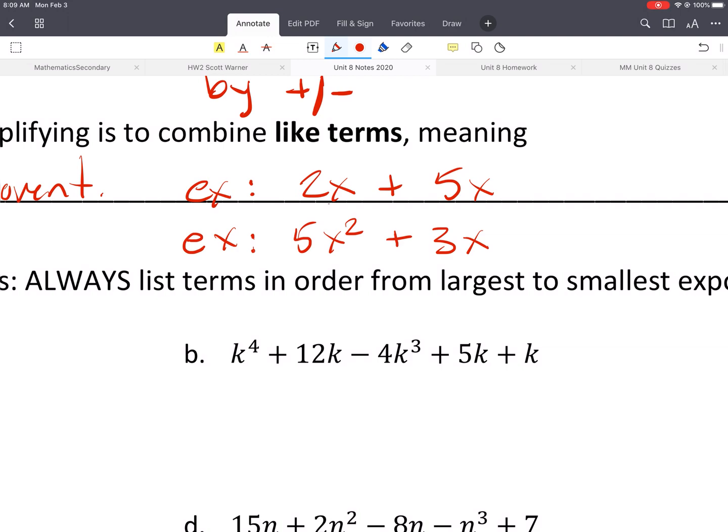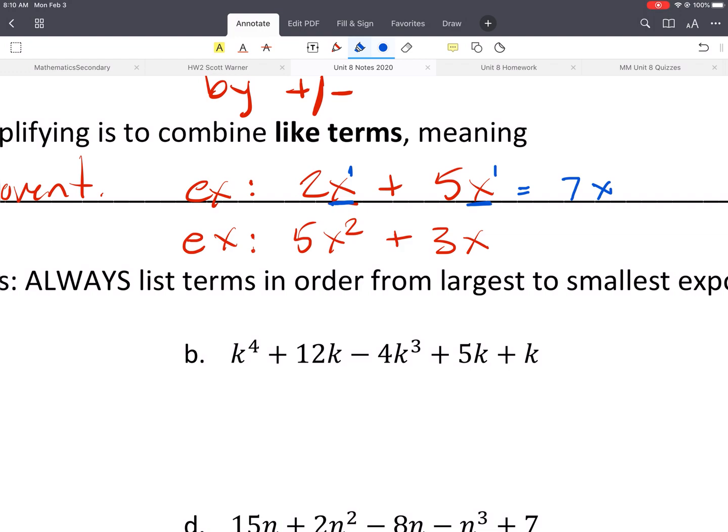Since they have the same base and the same exponent, here the exponent would be 1, but usually we don't write that down, we can add those together. So that gives us 7x. The base and the exponent will stay the same.